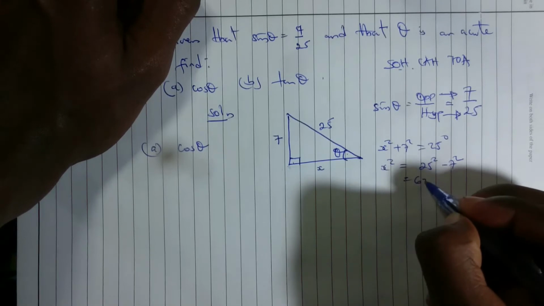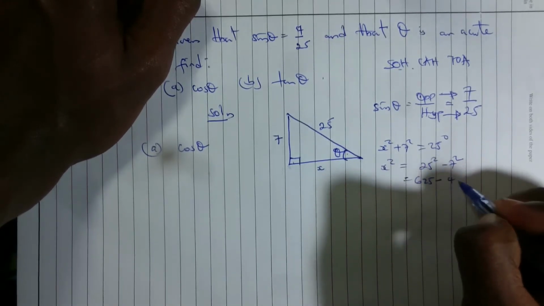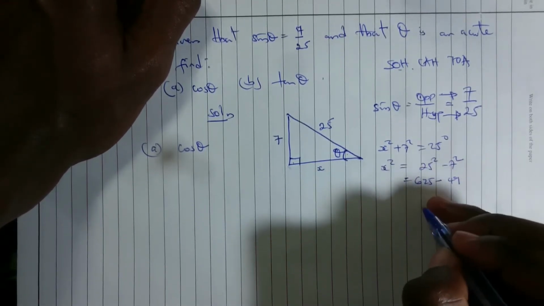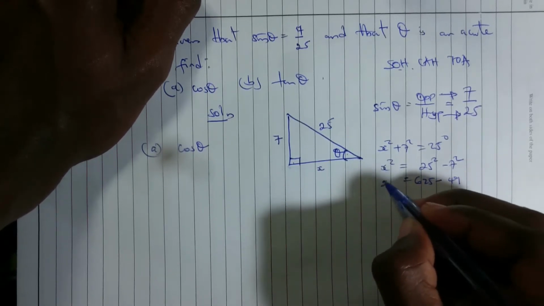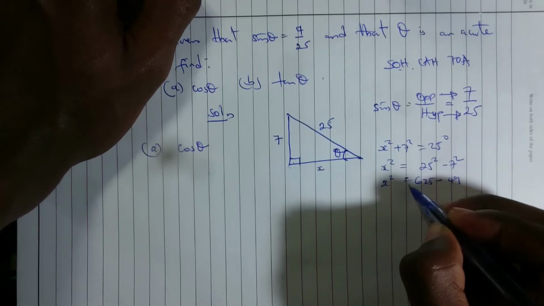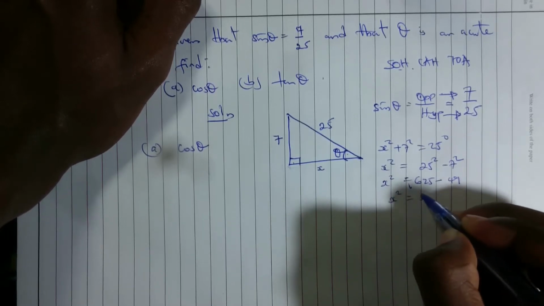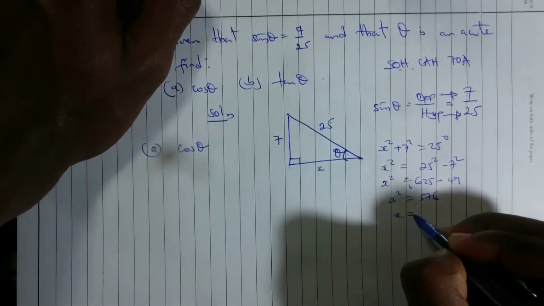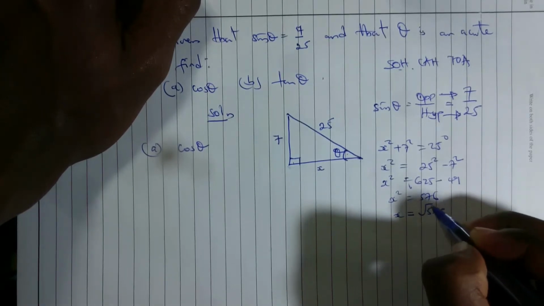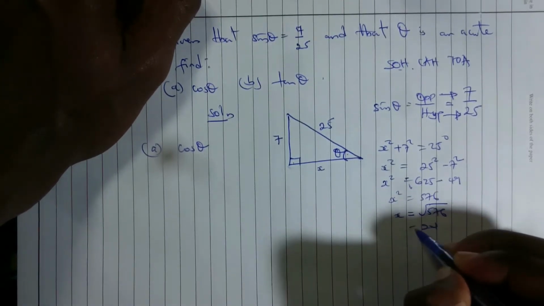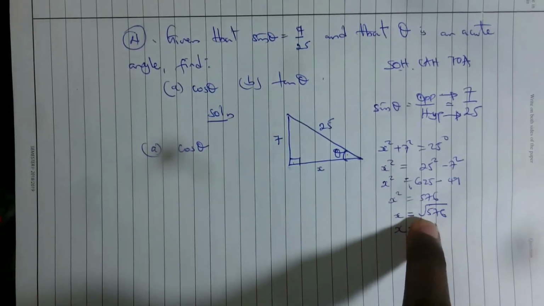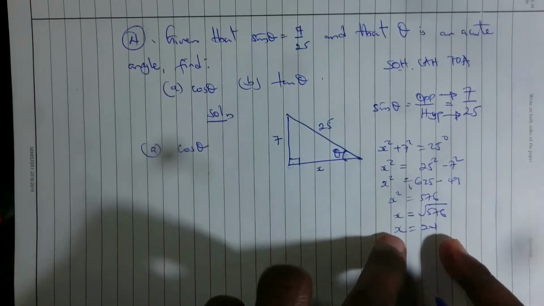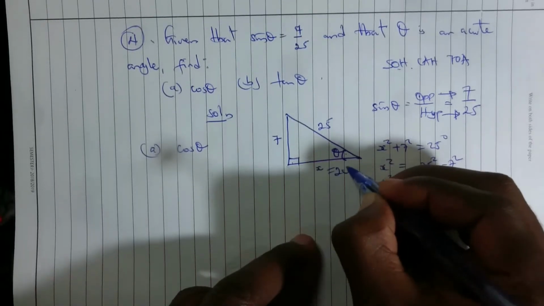So it's 625 minus 7 squared, which is 49, and that result will be 576. So x squared is 576, and x is the root of 576, which is 24. You press that on the calculator, root of 576 is going to be 24 units. So that means our adjacent is 24.